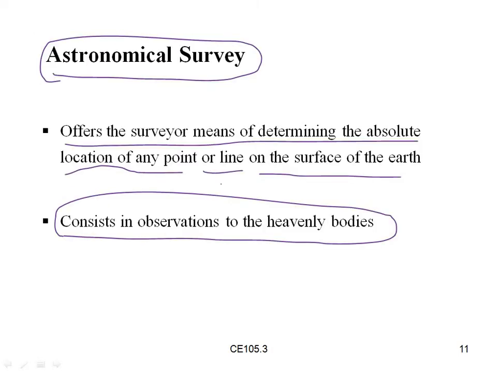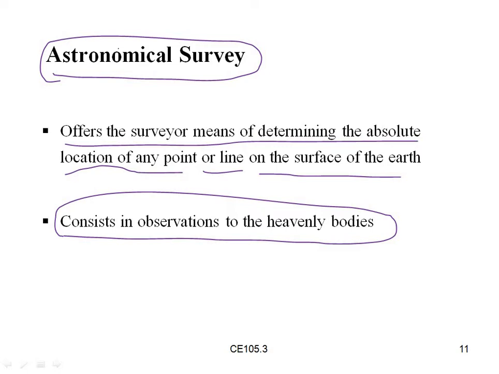Some examples of heavenly bodies, which are in space, are the sun, moon and planets. They will be moving in space. Those are called heavenly bodies.